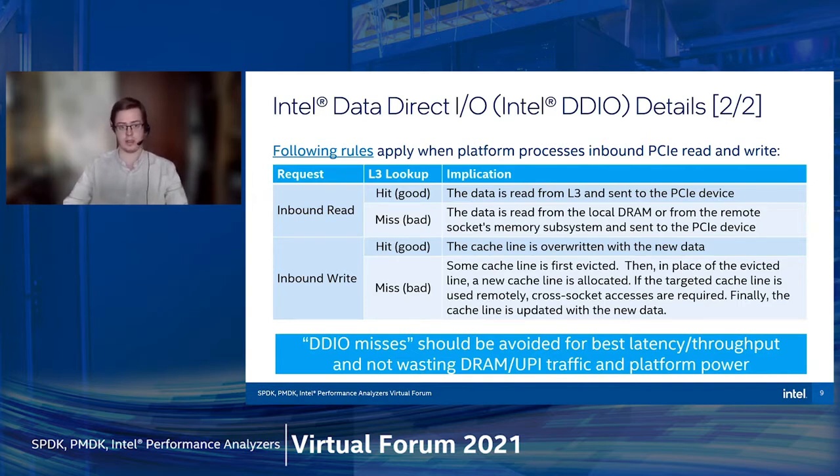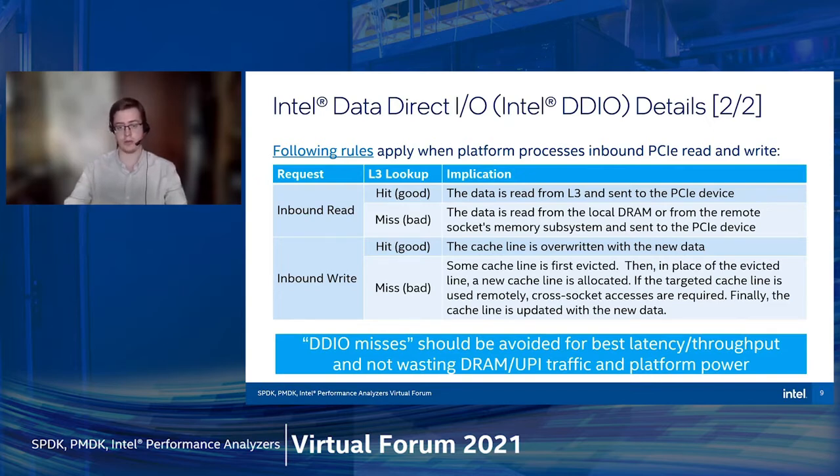So basically, it is a good thing to monitor how many misses in the L3 cache you have for your DDIO transactions. Even if overall throughput is okay, and you have a significant ratio of misses, anyway, it is recommended to check the DDIO latency.